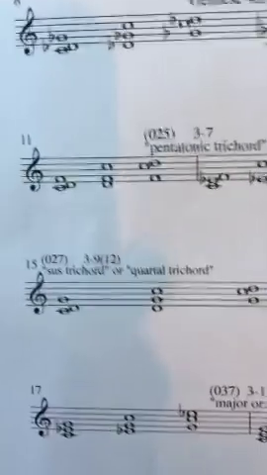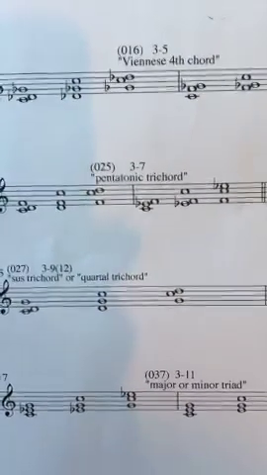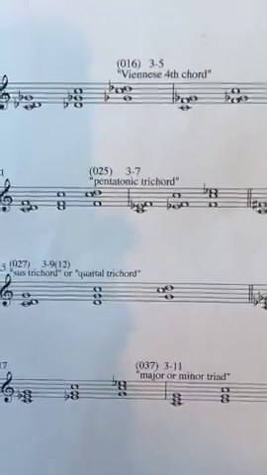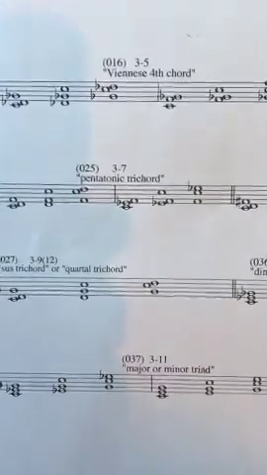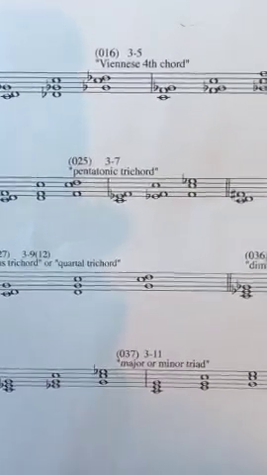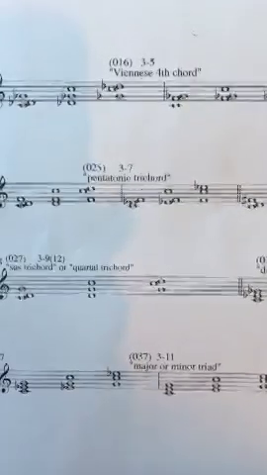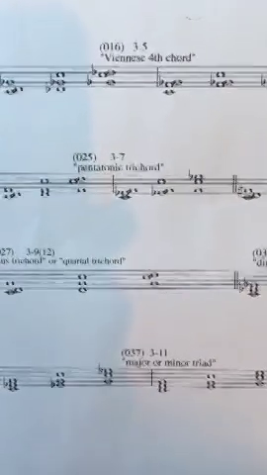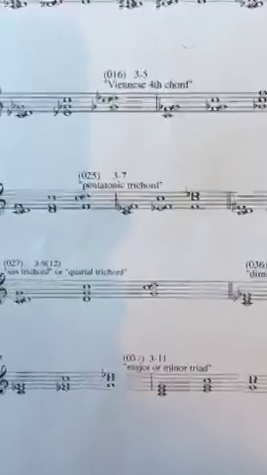Then we've got our pentatonic trichord, which gives us an incomplete minor 7th, but is very reminiscent of the pentatonic scale. Either version, we can create a pentatonic scale with it.